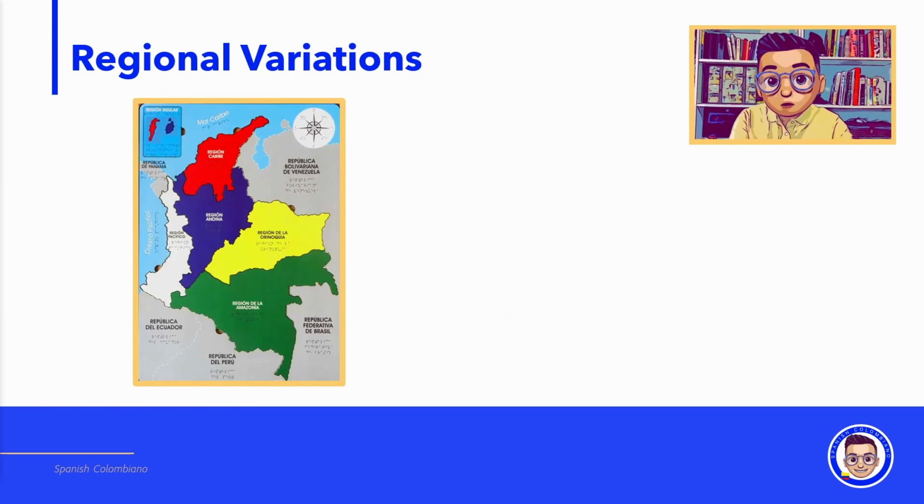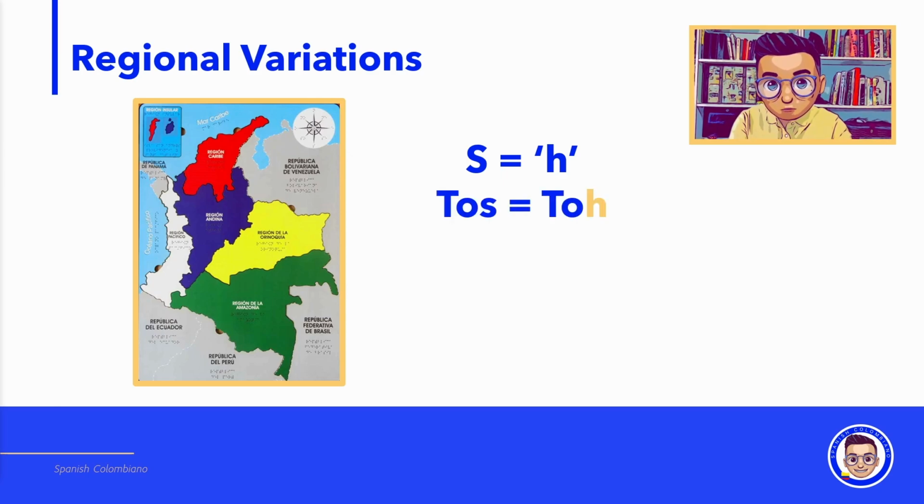In some coast regions like the Caribbean and Pacific, the letter S is reduced to a slight aspiration at the end of a syllable or a word. So the word, for example, tos, which means cough, becomes to. Also, confusion between the R and L sounds can happen in these parts of Colombia.